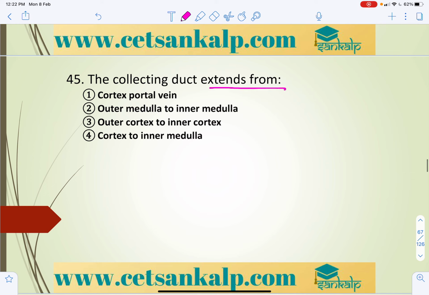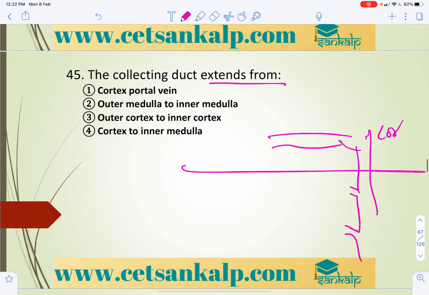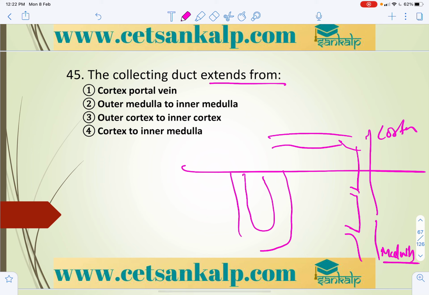Collecting ducts extend from where to where? See this region, the connecting duct opens there, and further it extends from the cortex to the inner medulla, whereas the loop of Henle is seen in the medulla.